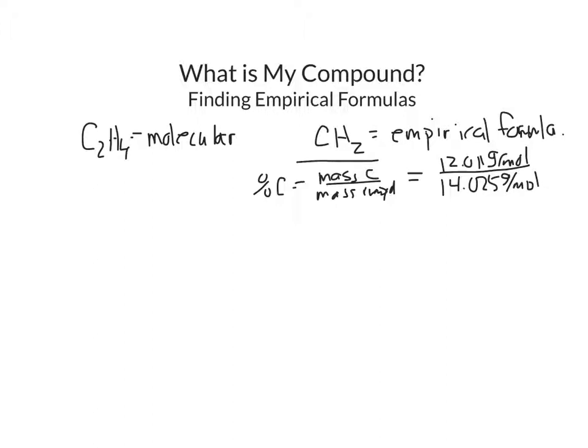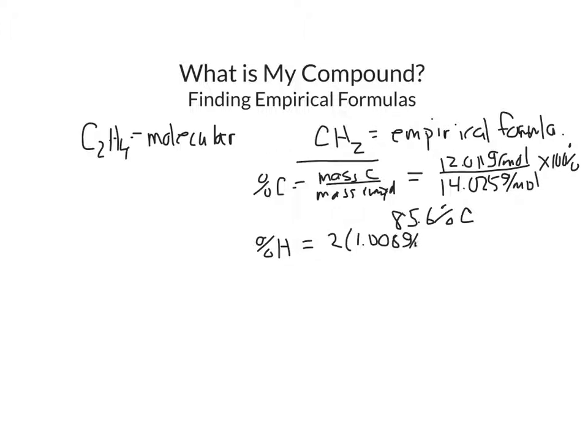So if I take that and multiply by 100% to get that into mass percent, I will find that this compound is in fact 85.6% carbon. And now I can do the same thing for hydrogen. So percent hydrogen would be 2 times the mass of 1 mole of hydrogen, because there's 2 hydrogens in the formula.